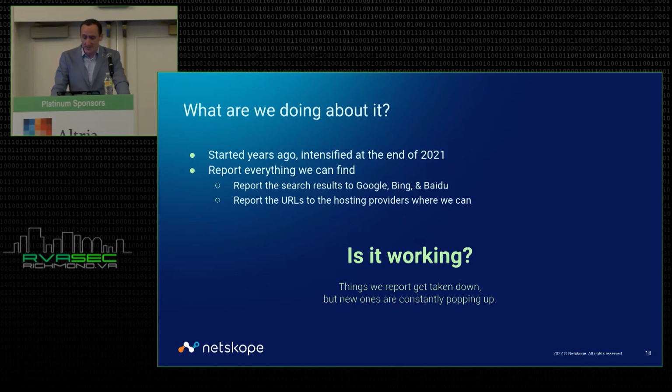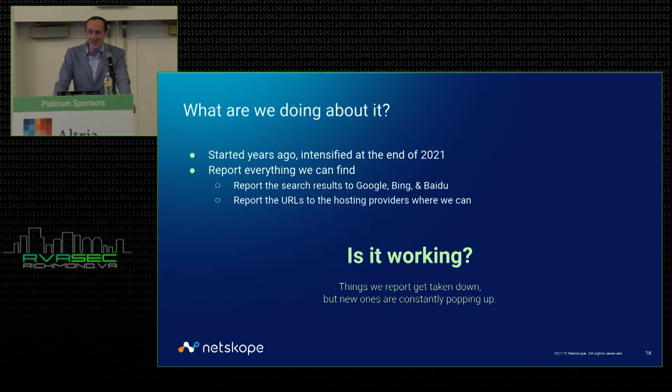And so we continue to report, and they continue to get taken down. Usually Microsoft and Google are very fast, and you Google those terms and you won't find that anywhere. The hosting providers are usually a little slower, but I'm not as worried about the hosting providers if the main way to drive traffic there is now gone.